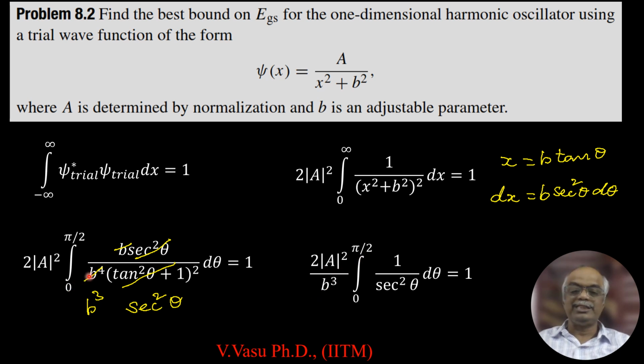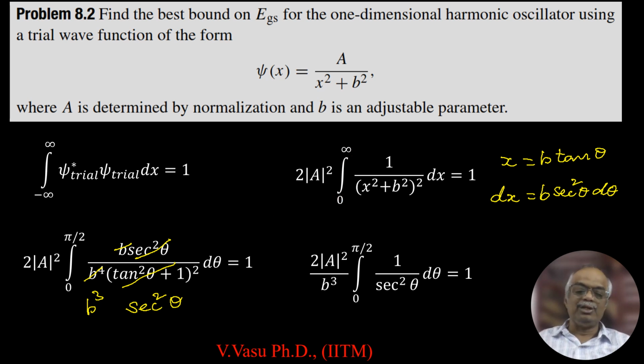Now we have to change the limits. Tan theta is nothing but sin theta over cos theta. When x is equal to 0, that is sin 0, which is 0, so the lower limit is 0. Then what about the upper limit?